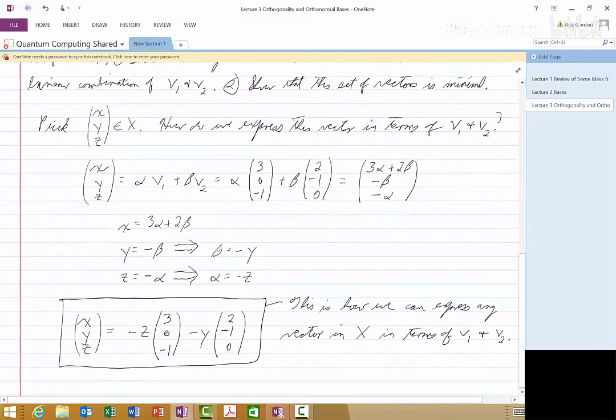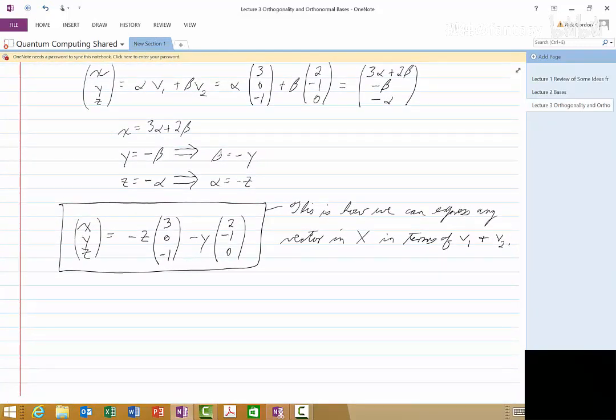So let's pick another arbitrary vector in X. We must obey that equation, but as long as we pick that, we're okay.